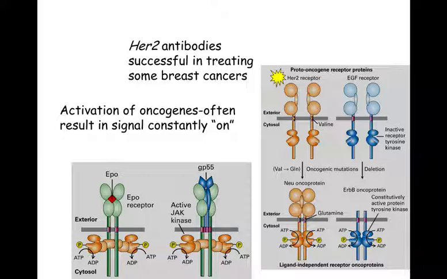They attach to cells that are expressing HER2. Remember, it's a membrane-bound protein, so this extracellular domain would have an epitope that would recognize that antibody. That antibody tags that cell, and then parts of the innate immune system, natural killer cells and macrophages, will recognize that antibody and kill that cell.